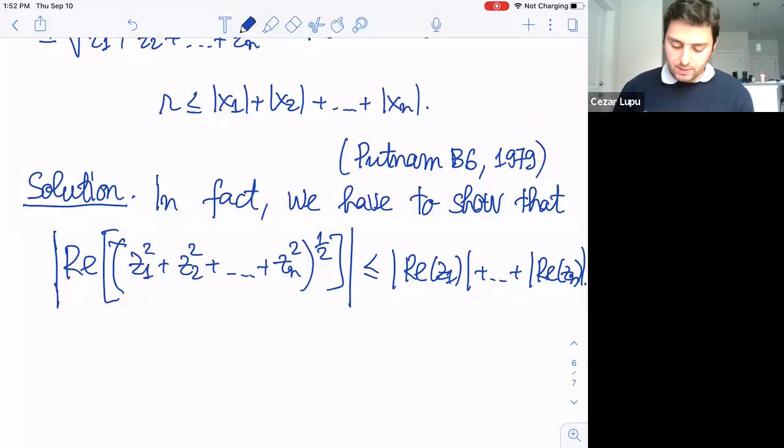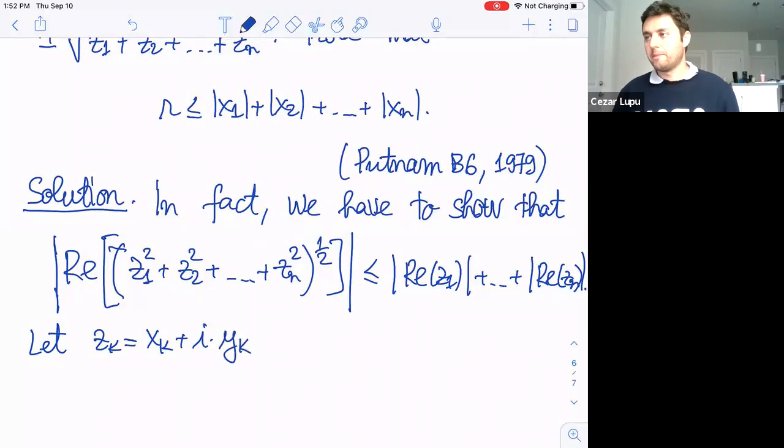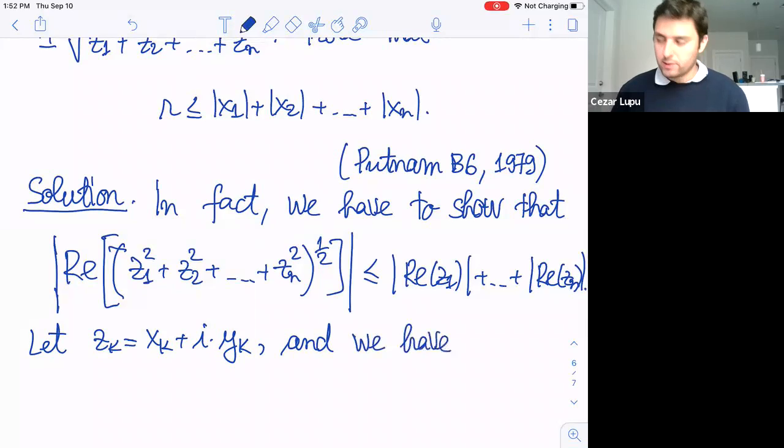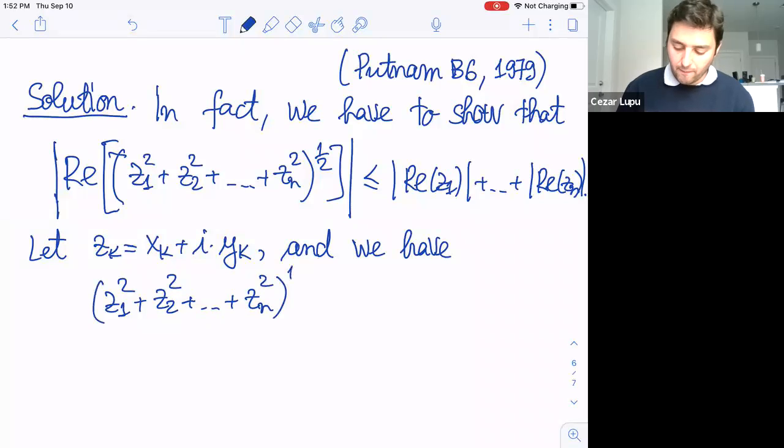And now let's look at this. Let z_k be x_k plus i times y_k. This is actually pretty straightforward if you look at it. Let's look at this sum here, z1 squared plus z2 squared plus zn squared, everything to the 1/2.